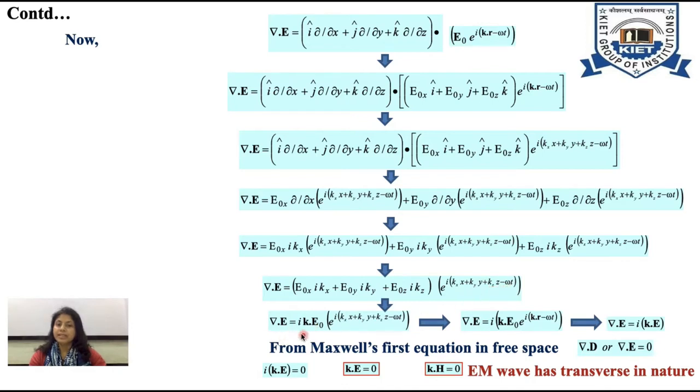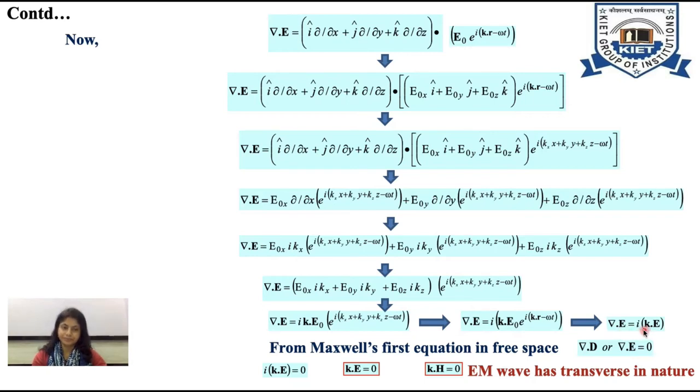Then del dot E is equal to i k dot E naught e to the power i (k dot r minus omega t). E naught into e to the power i (k dot r minus omega t) becomes E. Then del dot E is equal to i k dot E.